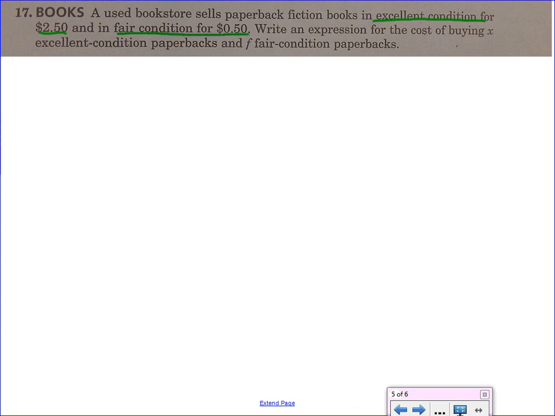Write an expression for buying X excellent condition paperbacks and F fair condition paperbacks. So X is going to cost you $2.50 each, and F is going to cost you 50 cents each.